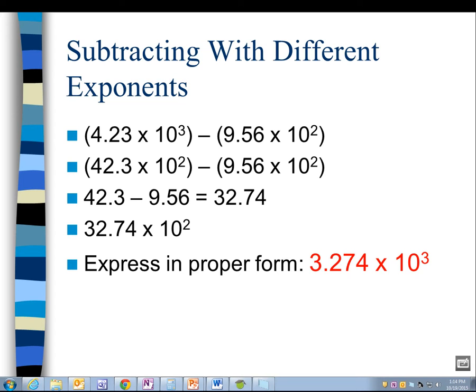So once we have the same exponent, now we could just subtract like we're in 2nd grade, or subtract because it's decimals like we're in 6th grade. There are 4 different rules to remember when you're doing decimals that should make sense to you.